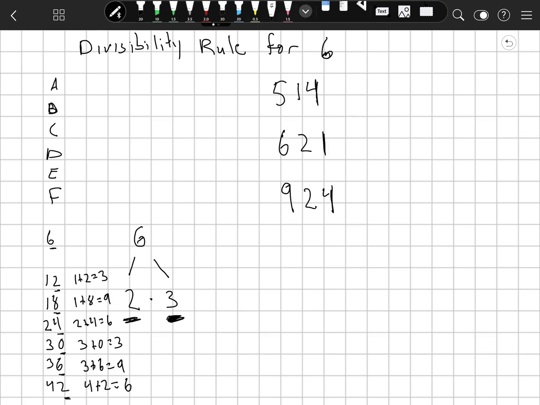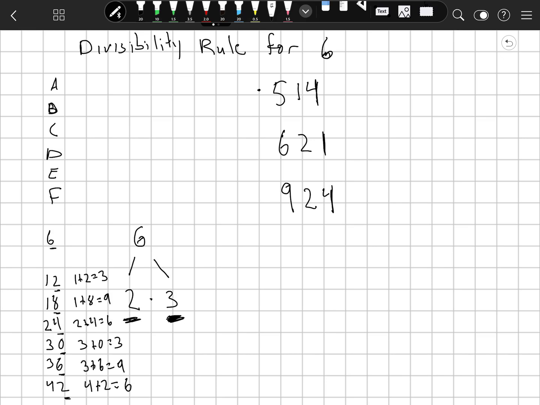Okay, we're going to test these. So first of all, what if 514 kids signed up for these 6 teams? Could we split them up evenly? Well, let's see. Is this divisible by 2? That's the first question. Well, it's an even number, so yes, it's divisible by 2.